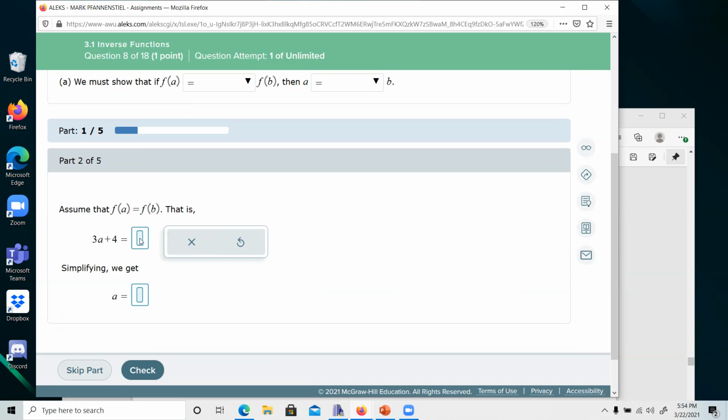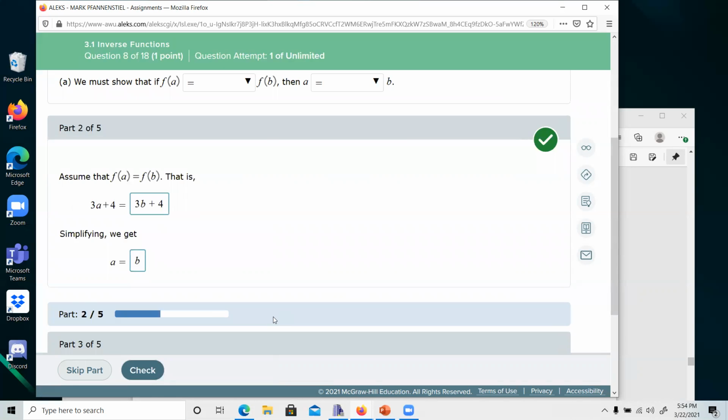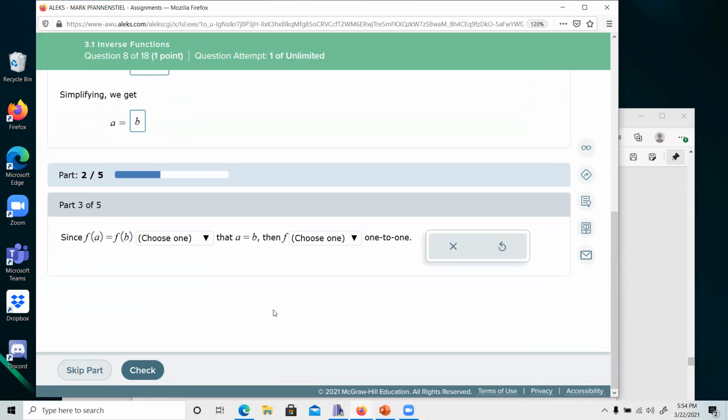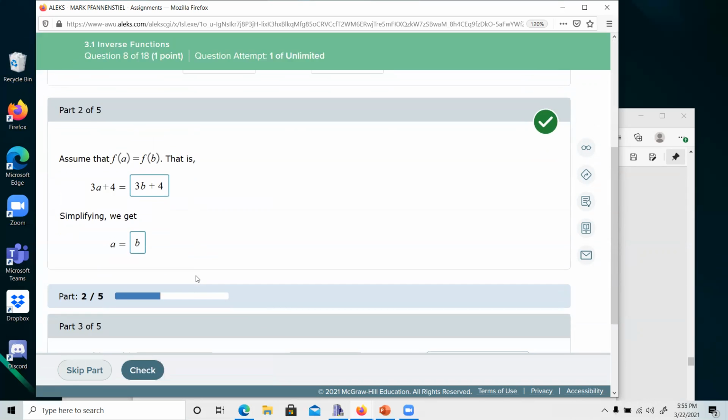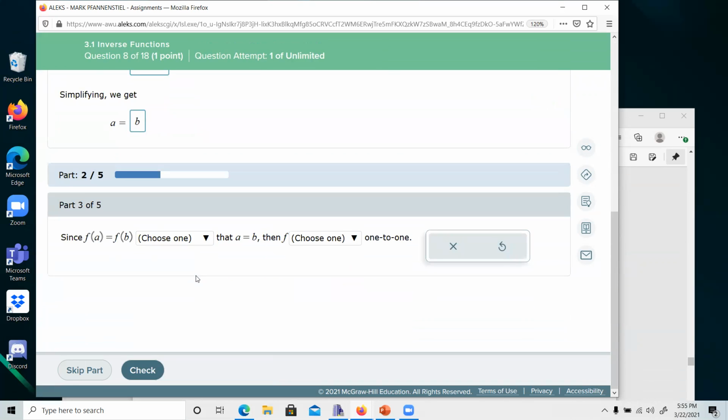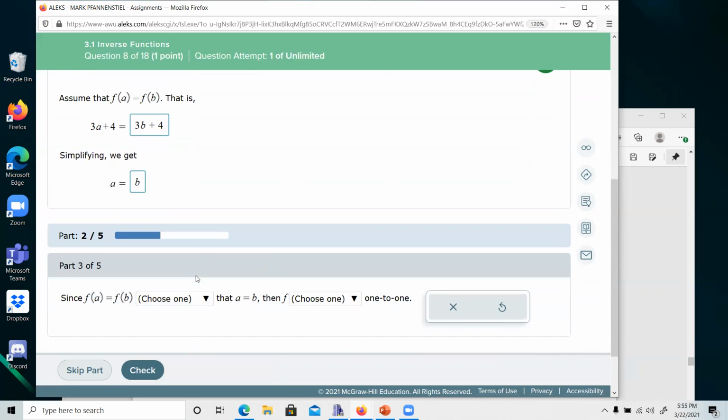Okay, assume that f of a is equal to f of b. This is a very peculiar way of doing this. But if that's true, the only way this could happen is if a is equal to b.